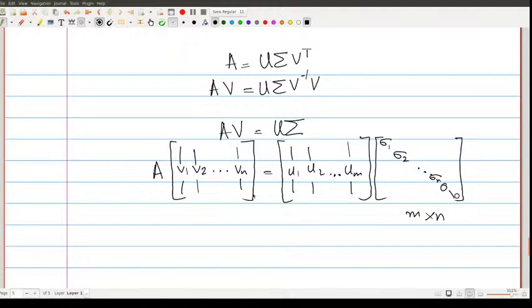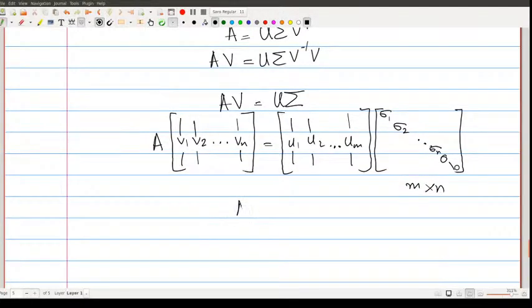If I interpret each of these columns separately, it's telling me something like A times V1 equals sigma 1 times U1. I'm just looking at what one column is giving me on the other side.